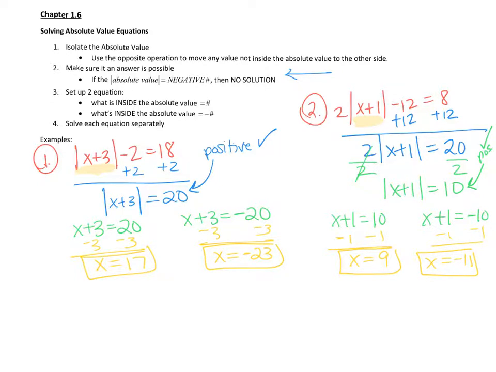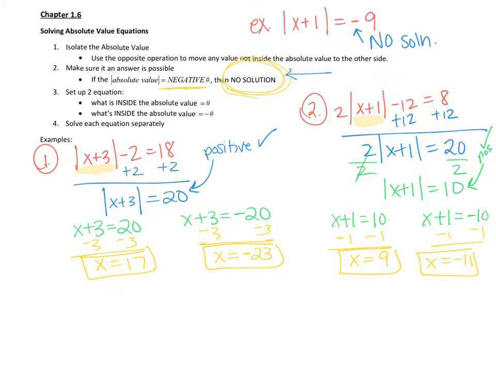Now remember, if I get something where it's negative, all I have to do is stop and say no solution. So if I had something where I've isolated it, let's say for example up here we had something where it was the absolute value of x plus 1 equals negative 9. So this would not be possible because it's negative.